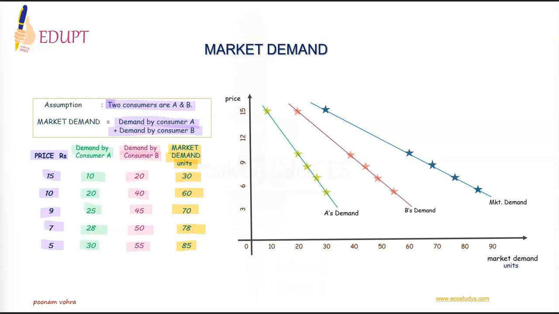One can plot all the individual as well as market demand curves by taking market demand on the x-axis in units and price on the y-axis.